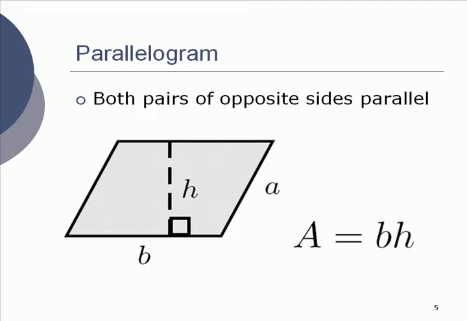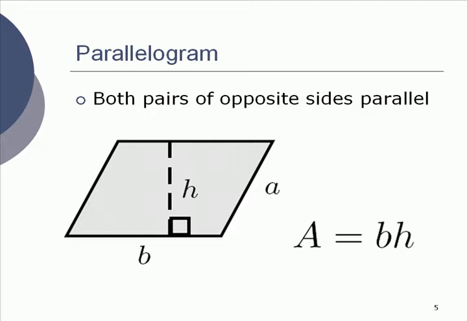The height or altitude is straight up from the bottom to the top. That is not necessarily what's called the slant height, or the dimension A of the other side. The dimension A shown up there is not a factor in determining the area of that parallelogram. So we just take the base times the height. Okay, parallelogram, both pairs of opposite sides parallel.